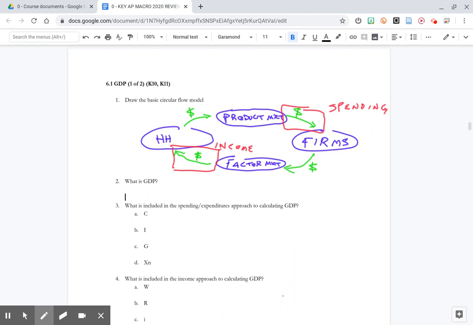So the two approaches to calculating gross domestic product, which is to say how much economic activity is going on, is we can stop the flow and count up all the dollars that are spent here, or we can count up all the dollars as income.